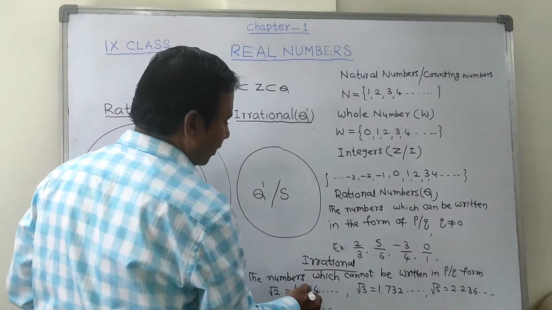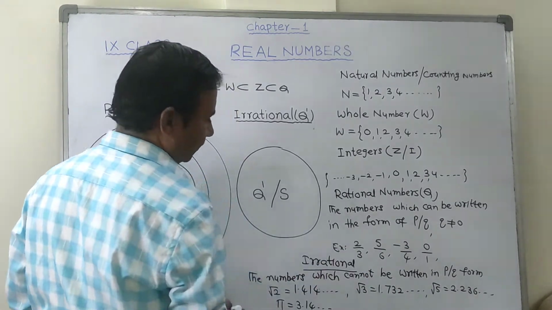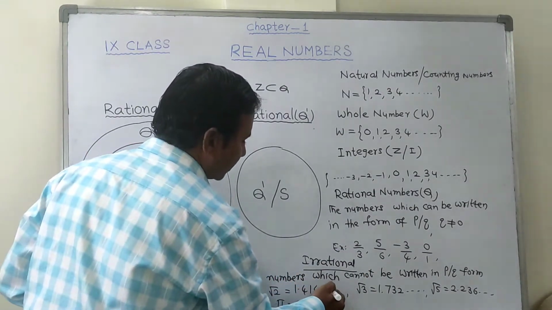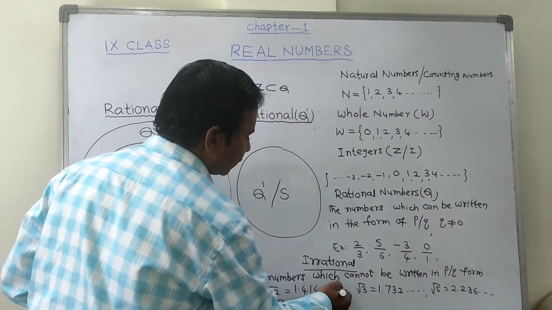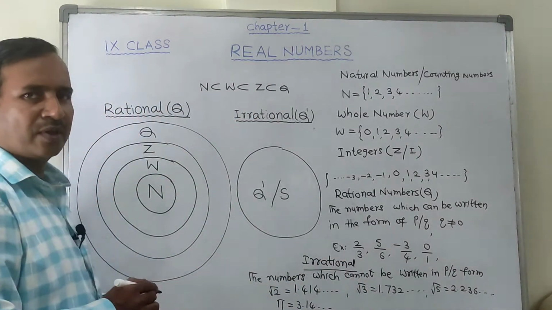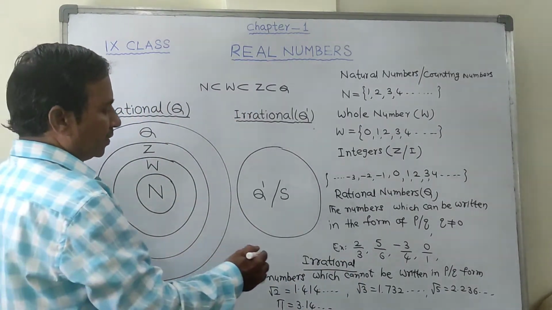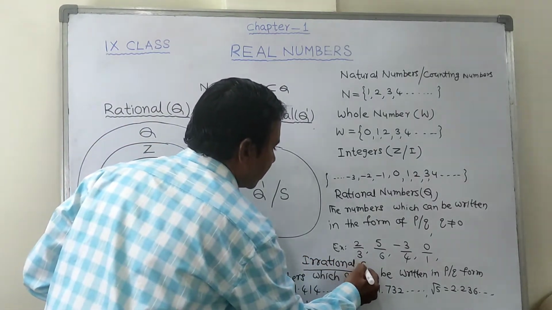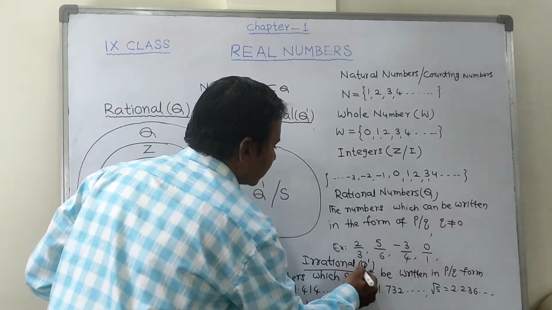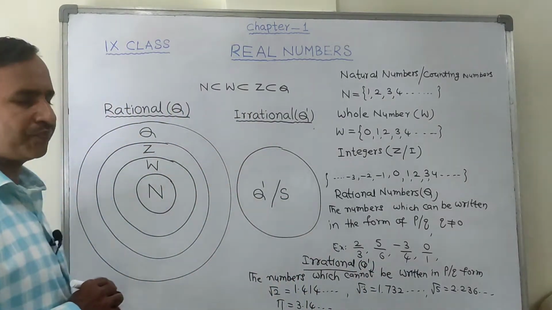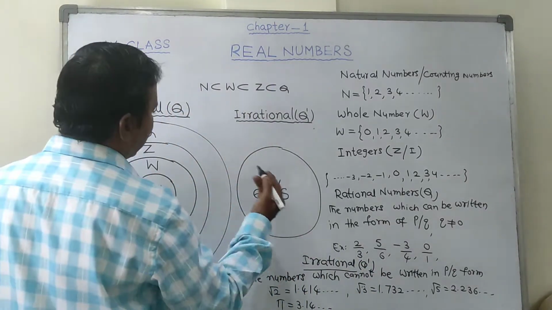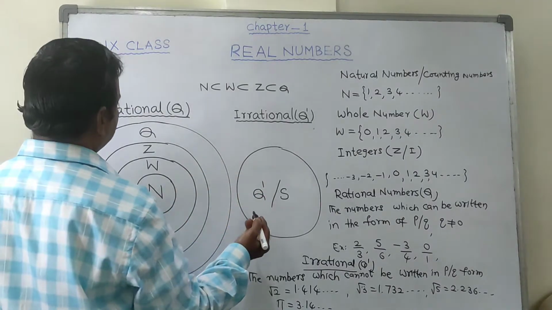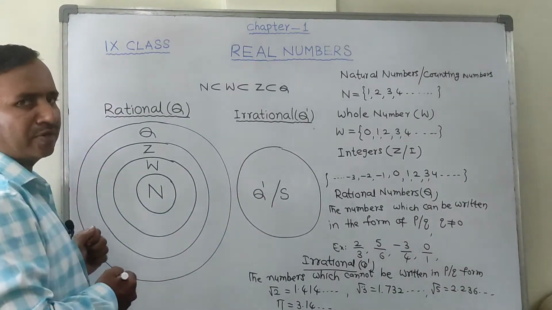All these numbers cannot be written in the form of p by q. Why? Because they continue to an infinite number of values. So such numbers are called irrational numbers, represented with Q dash or S. So this is another set of numbers apart from rational numbers.